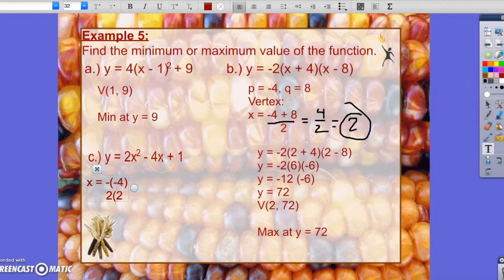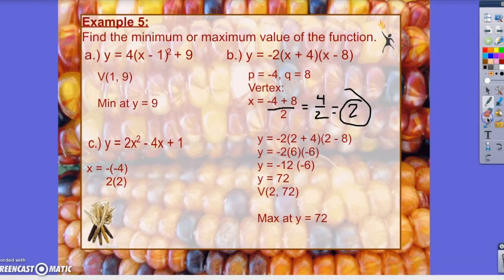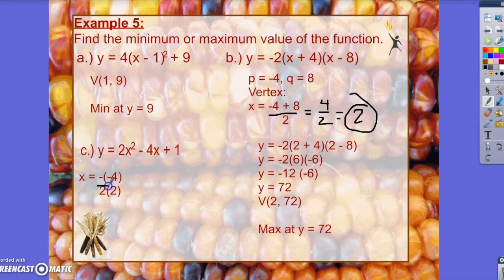A comes from the front, which is 2. I get 4 over 4, which equals 1.